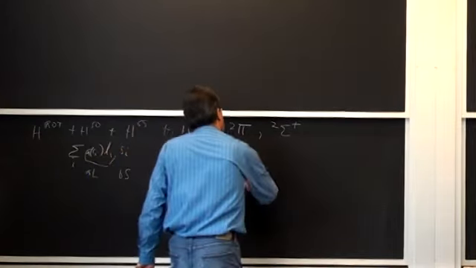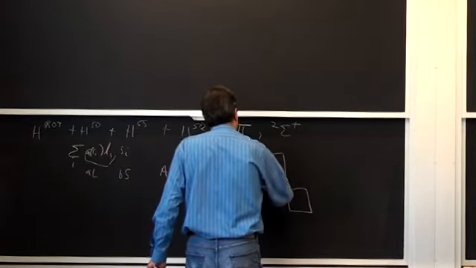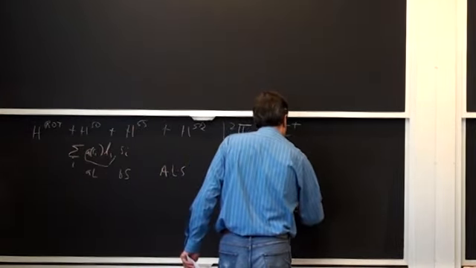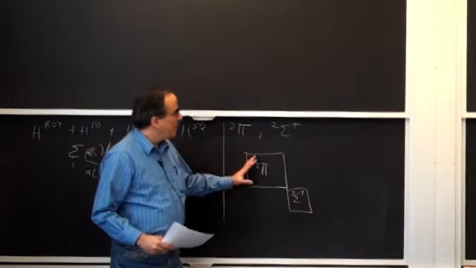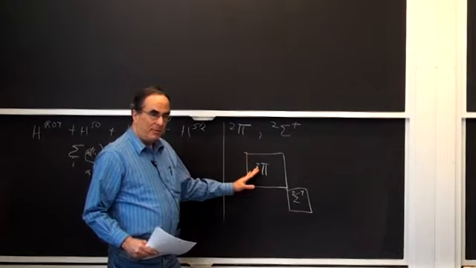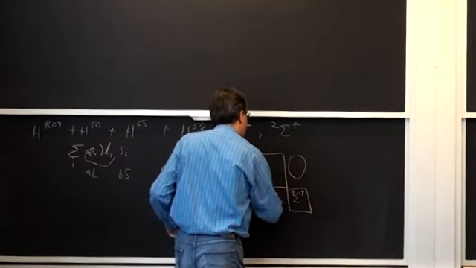And so we have a matrix, doublet pi, doublet sigma. And we'd like to understand the interaction between doublet pi and doublet sigma. And so what goes in here?